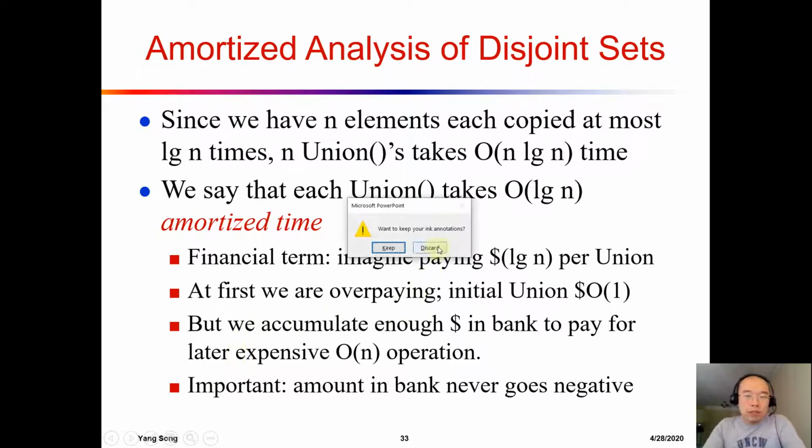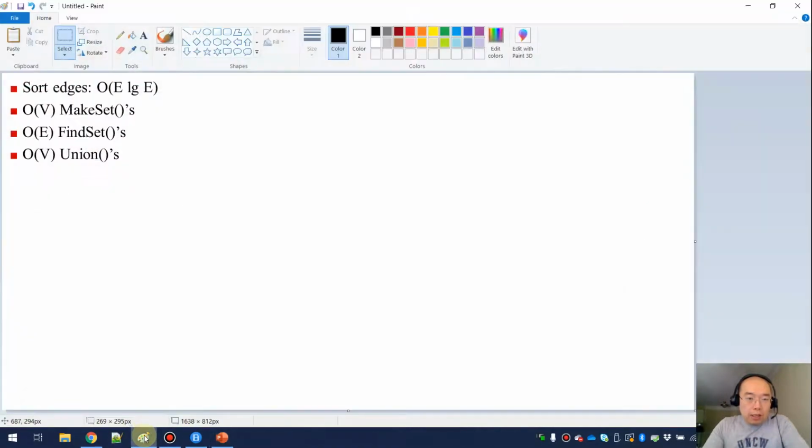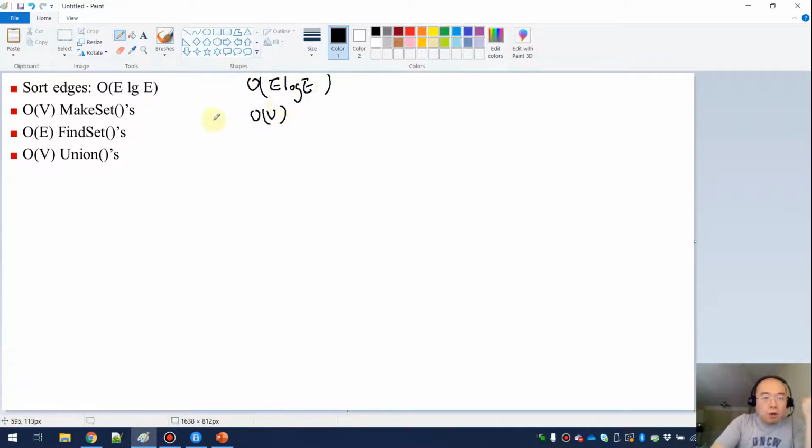If we go back to this part, those are the four components of the Kruskal algorithm. The first one is O(E log E), and we don't have to make any changes, so that is O(E log E) for sure. Then we have O(V) multiplied by make set, which is constant time.